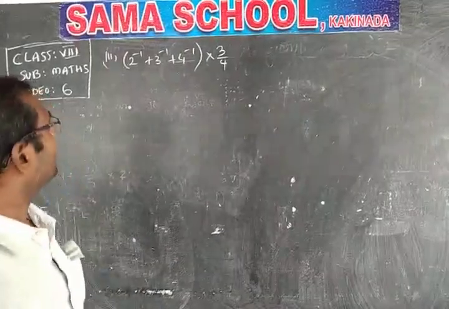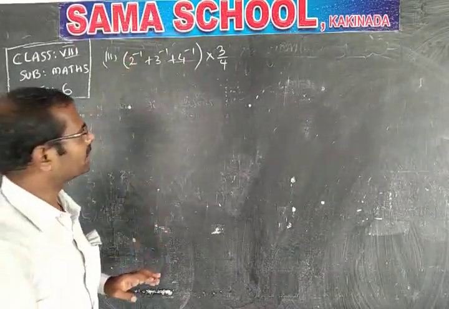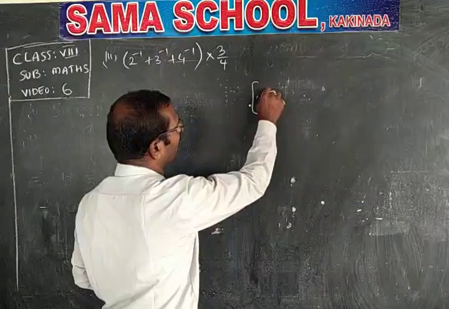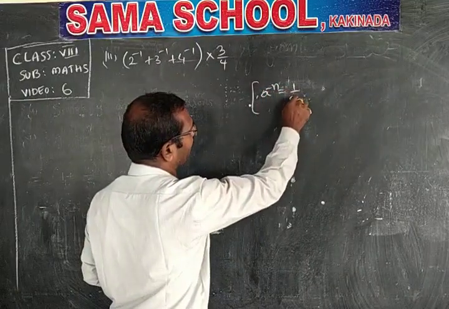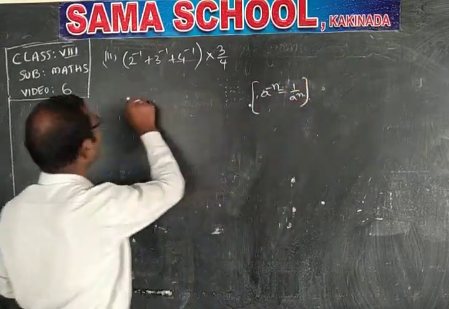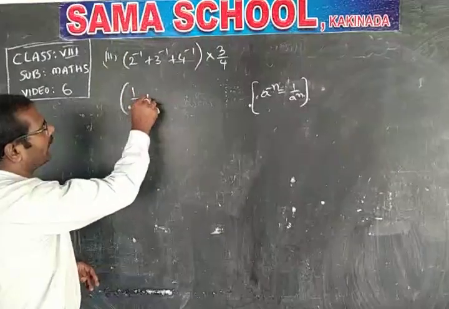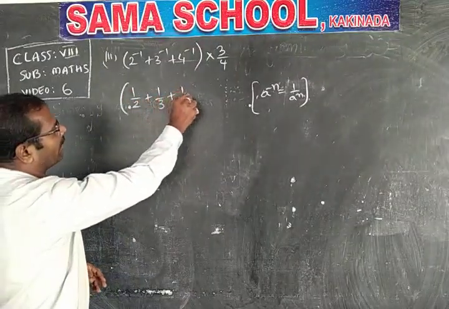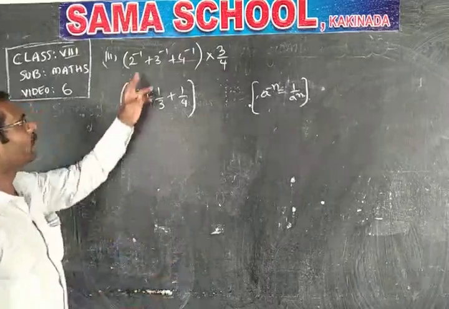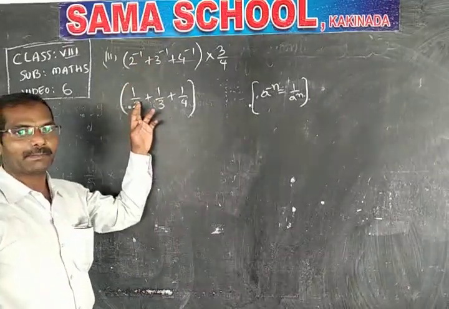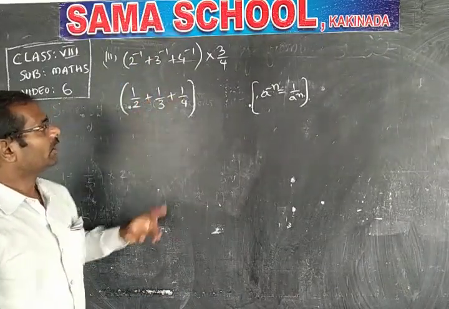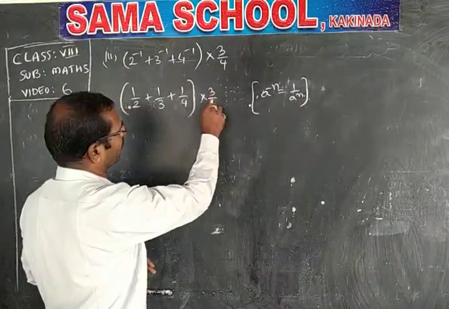What does this mean? 2 power minus 1: as in the previous sum, a power minus n means 1 by a power n. You know this one. Like that you can write it as 1 by 2 plus 1 by 3 plus 1 by 4. Here a negative power comes to the denominator and becomes a positive power, into 3 by 4.